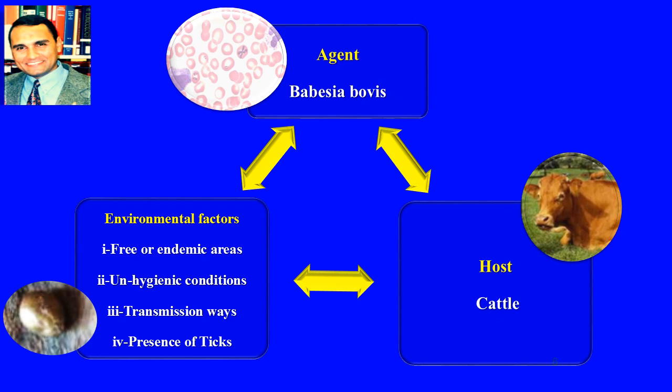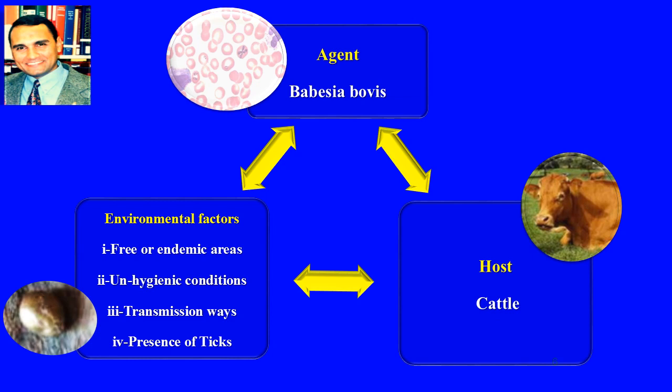Also, transmission ways. Babesia bovis is transmitted through this tick for 5 generations by transovarian transmission between generations of these ticks.